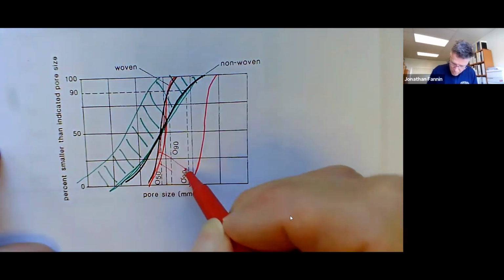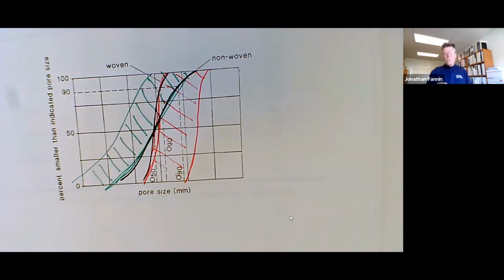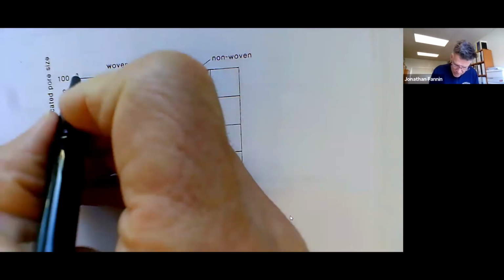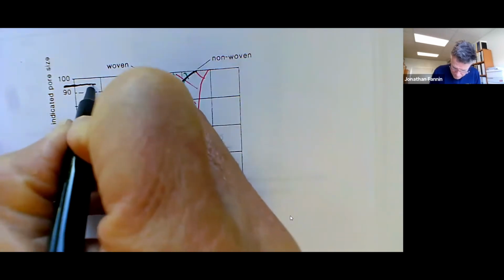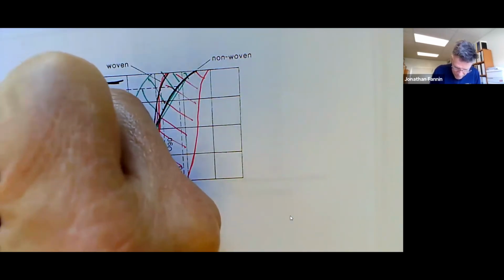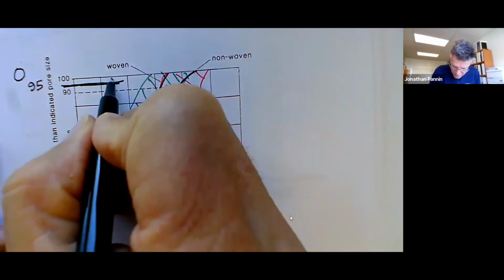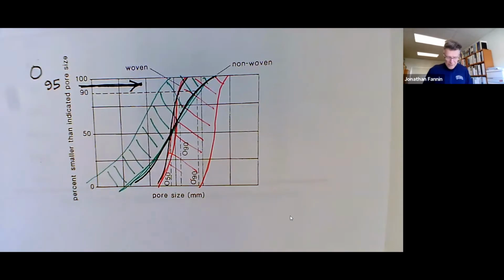So we'll put the woven as a range for different products. And it's been captured here, but let's go in at 95, and say that 95 or O95 would be a characteristic opening size of the particle.